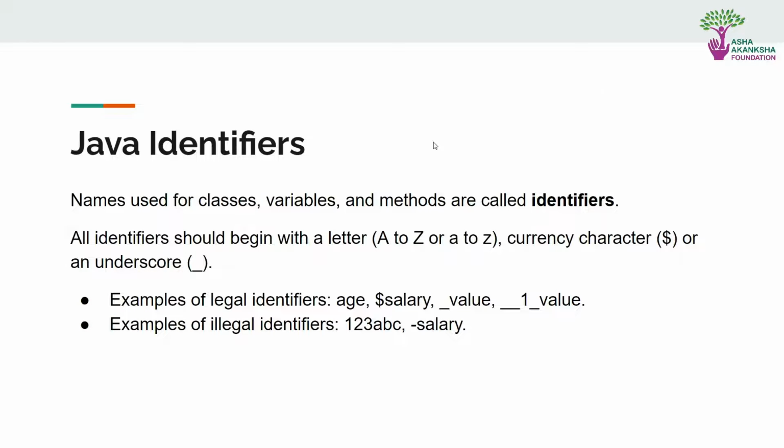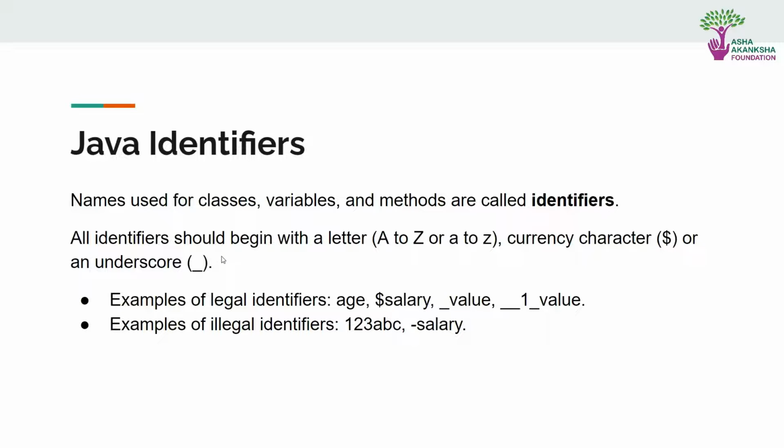Main syntax. Identifiers are the names we use for classes, variables, and methods. These can begin with the normal letters A to Z, small or capital, depending on what convention we are using. For class, we initialize with a capital, and for methods and variables, we generally initialize with a small letter. We can also start an identifier name using a $ sign or an underscore.